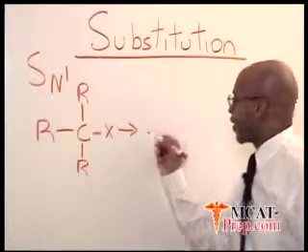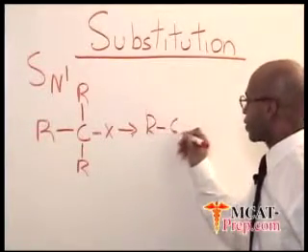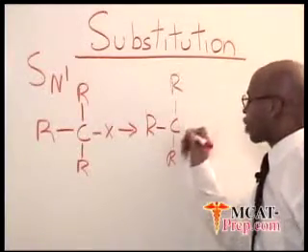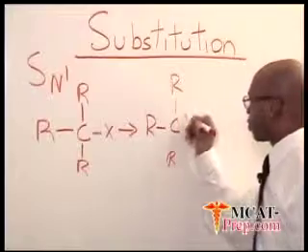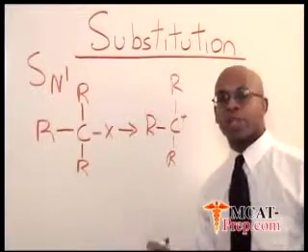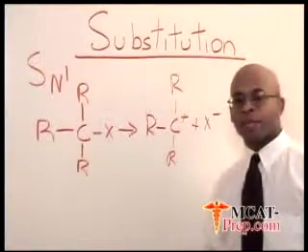If it dissociates, we get R, C, R, R, and this carbon would now be positively charged because it gave up its electrons to the more electronegative element, plus X minus.